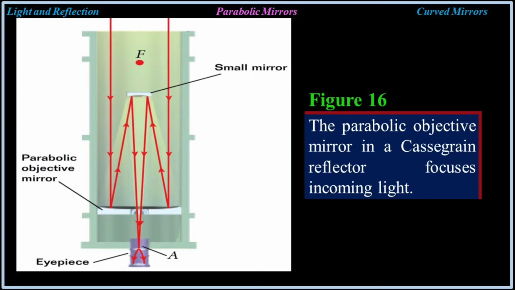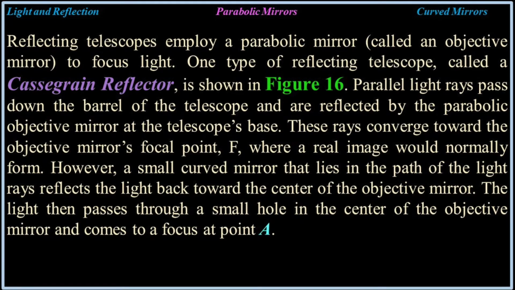Figure 16, the parabolic objective mirror in a Cassegrain reflector focuses incoming light. Reflecting telescopes employ a parabolic mirror called an objective mirror to focus light. One type of reflecting telescope called a Cassegrain reflector is shown in figure 16.